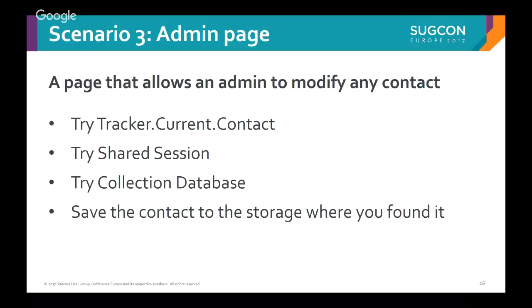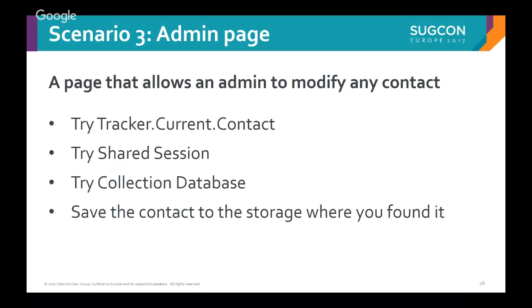If you're an admin and you're editing your own data, your contact will be located in the tracker. If you're modifying another user, you will use the shared session first, because if a user has a session on the same cluster as your page is running, you can access it in the shared session of this cluster.